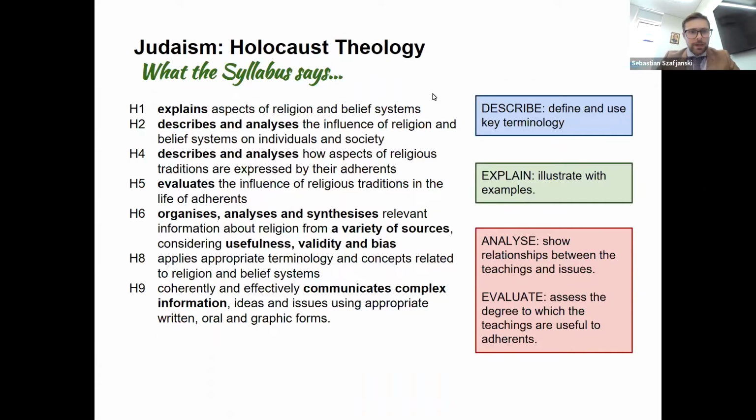So we have here the outcomes for Judaism. You're able to explain the aspects of religion and belief system, describe and analyze the influence of religion and belief systems on individuals and society, describe and analyze how aspects of the religious traditions are expressed by their adherents, and evaluate the influences of religious traditions in the life of adherents.